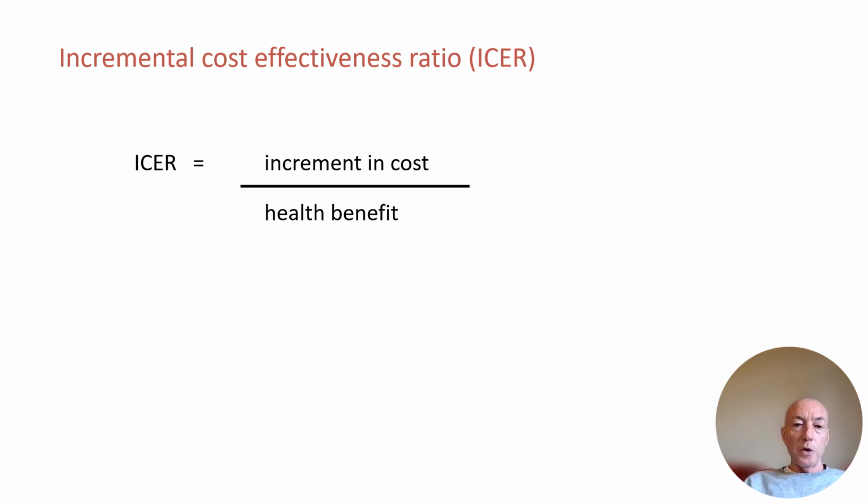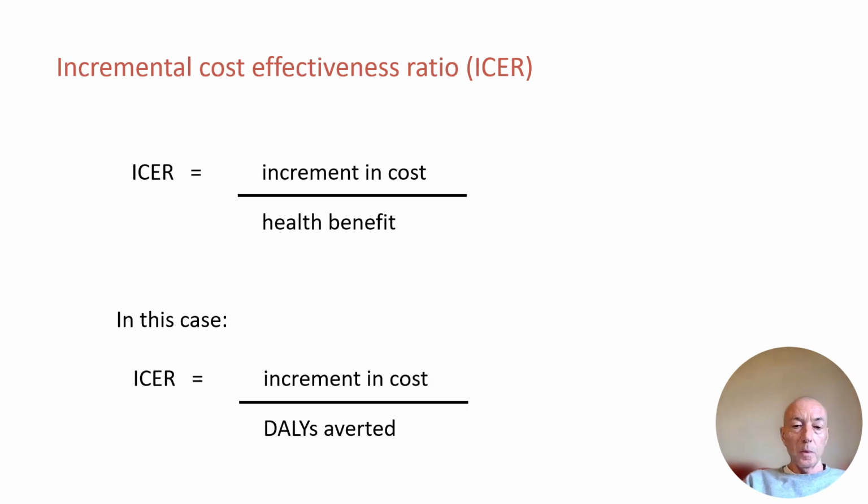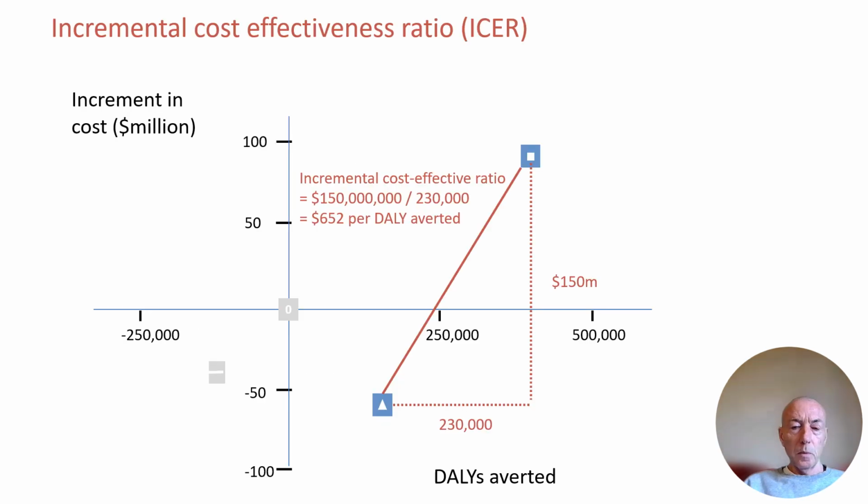So the incremental cost effectiveness ratio, the ICER, is the increment in cost divided by the health benefit. Now in this case, we're using DALYs, so the health benefit is measured in DALYs averted. So the incremental cost effectiveness ratio is the increment in cost divided by the DALYs averted.